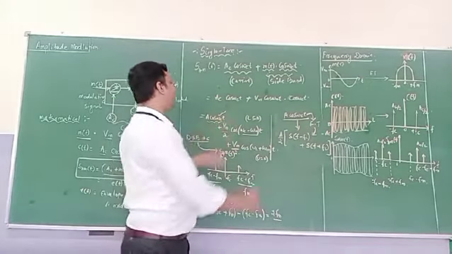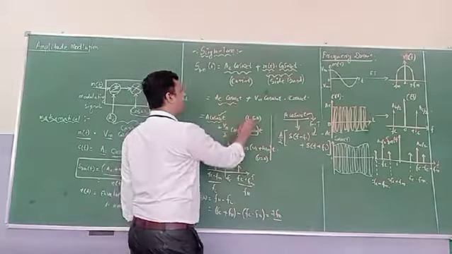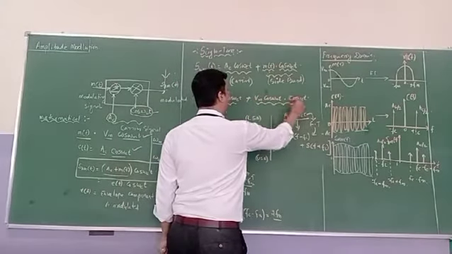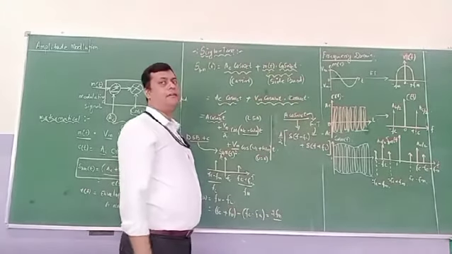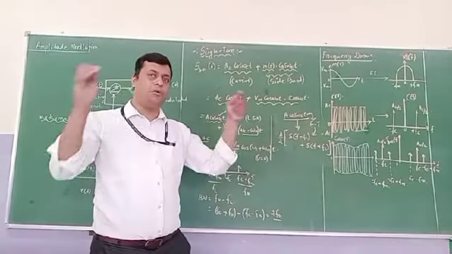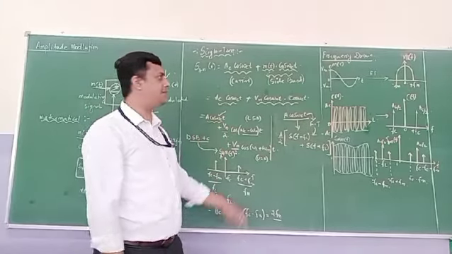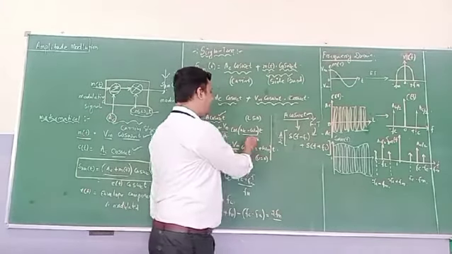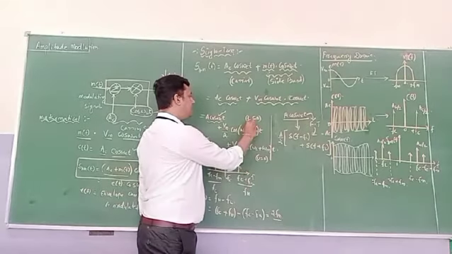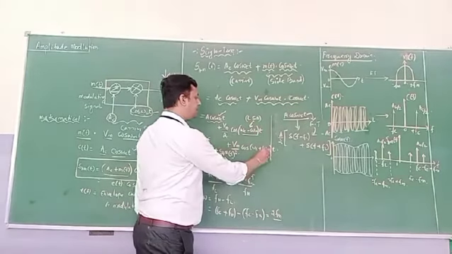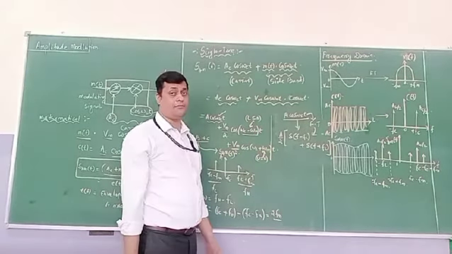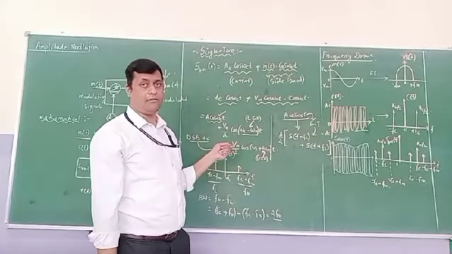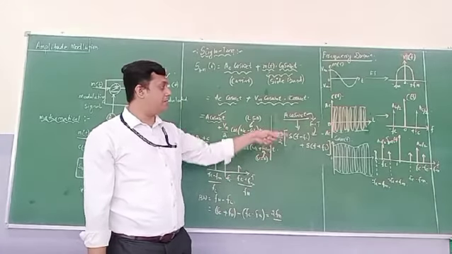It indicates the presence of the carrier and the two sidebands, in which the modulating signal is imposed on the carrier component. These are the two sidebands we are going to achieve. The derivation itself indicates that this is your lower sideband and this is your upper sideband in terms of angular frequency. You can represent it in frequency components like this.